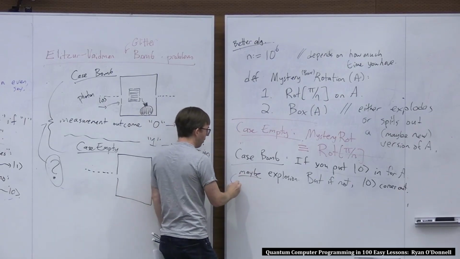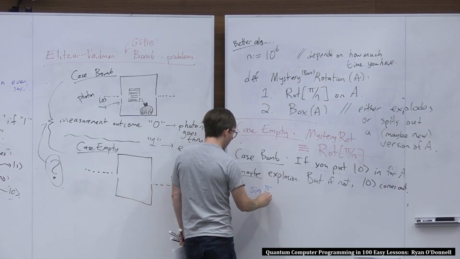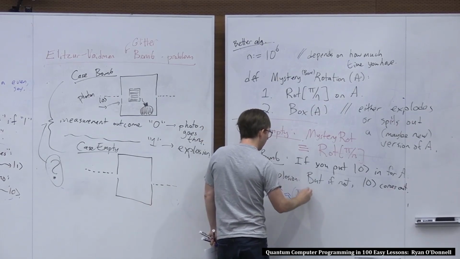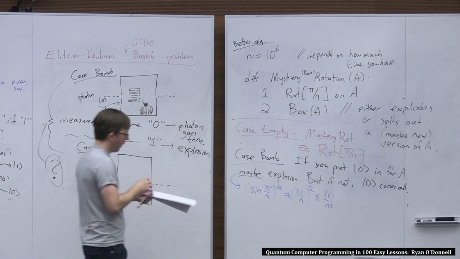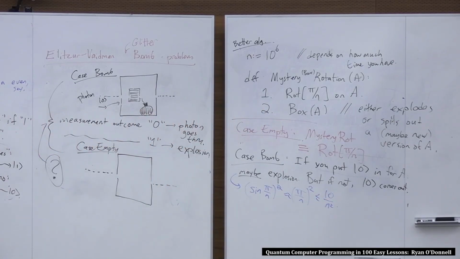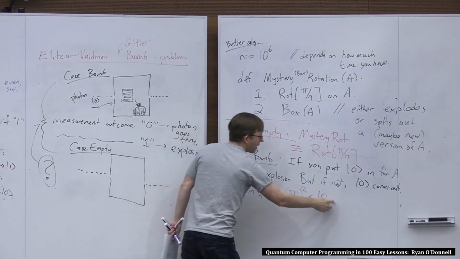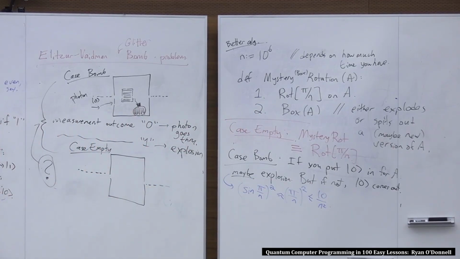What is a slight chance of explosion? We saw this. This is sine pi over n squared, which is about pi over n squared, which is at most 10 over n squared. So you've cooked it up so that this algorithm, in the bomb case, has this tiny chance of explosion, but otherwise it acts like do nothing on ket 0.